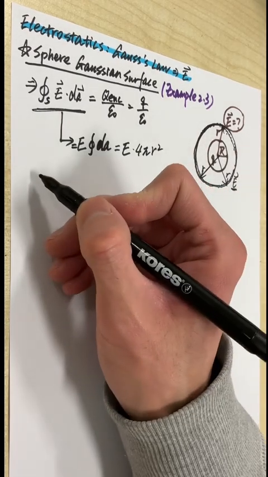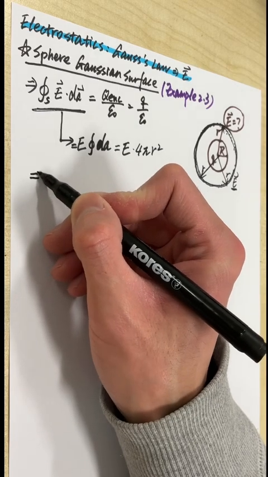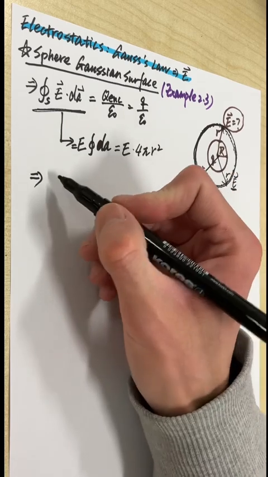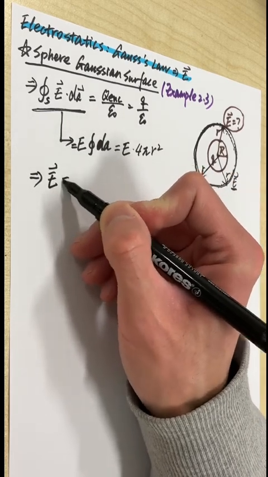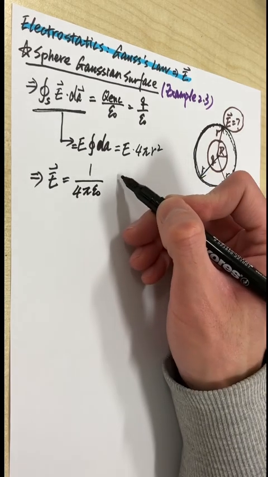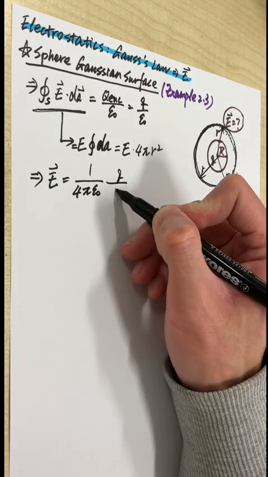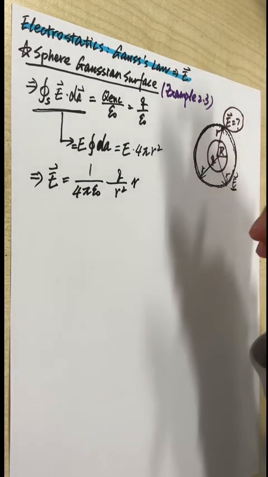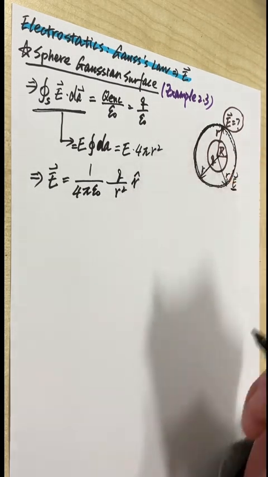In summary, this equals this, so I have the electrical field equals Q divided by 4 pi epsilon 0 r squared, and the direction is spread out, so r-hat.